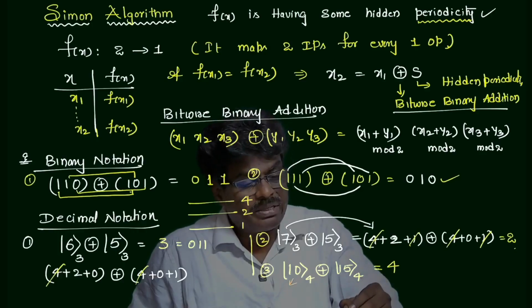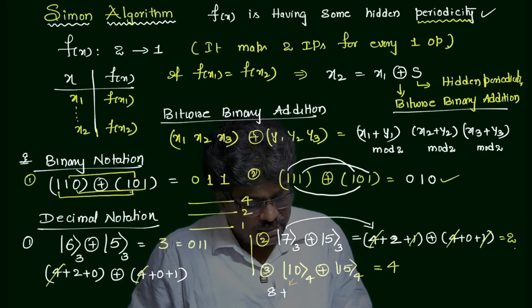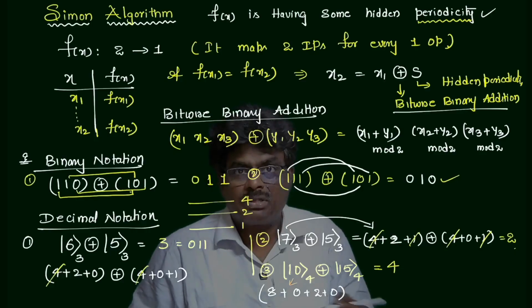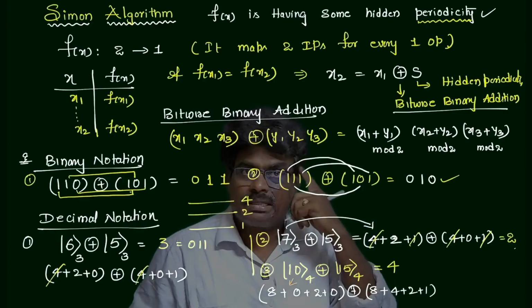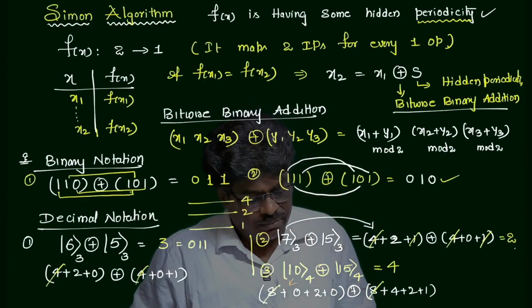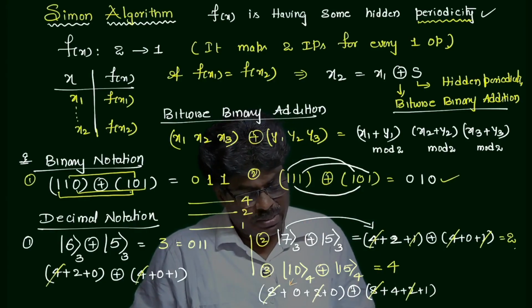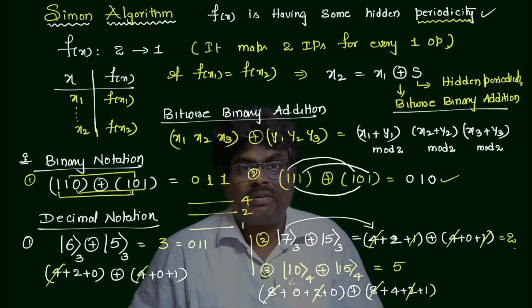The 10 stands for 8 plus 0 plus 2 plus 0, that is 8 plus 2, 10. XOR 15, that is 8 plus 4 plus 2 plus 1. Now I request you, please cancel the common ones. 8 is common, 2 is common, so cancel. What's the remaining? 4 plus 1, 5. It's not 4, it's a 5.